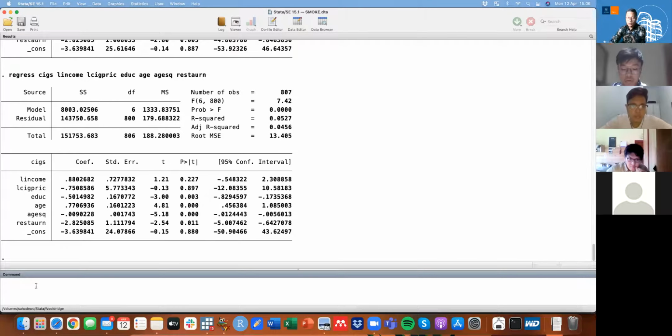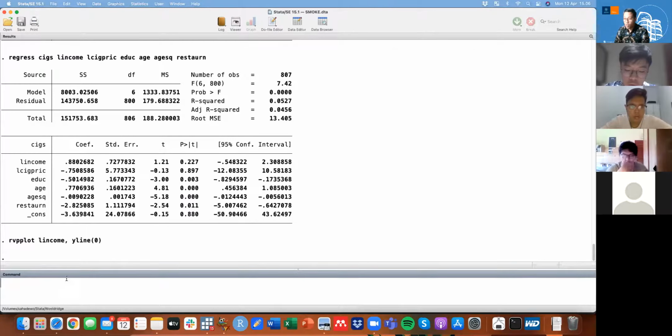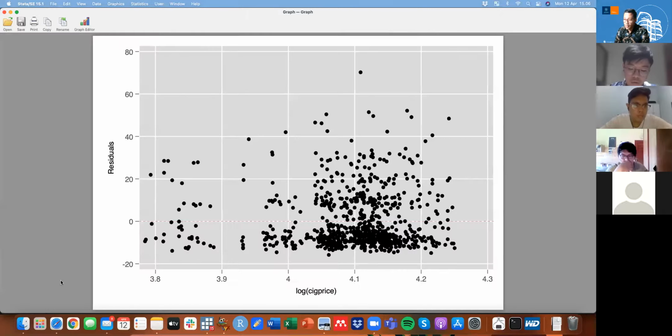So the first thing that I'm going to do is an RVP plot on each of the regressors. Okay, so I'm going to do it for the income. And then I'm just going to add a y line equal to 0 to identify the zero line. Okay, so this is what I get for the log of income. And then I'm going to do that for all the variables in the regression model. So I'm going to do that for the log of cigarette price, which has this particular relationship.